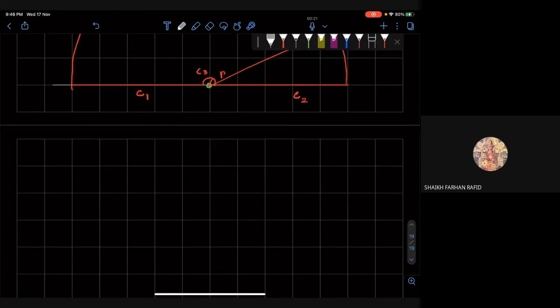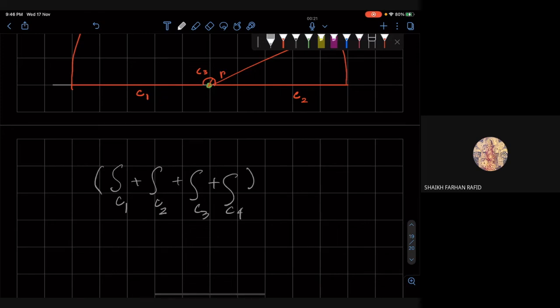We can express that fact by saying the contour integral over C1 plus the contour integral over C2 plus C3 plus C4 of h of z dz is 0. Okay? This is Cauchy's integral theorem. And now I take R goes to infinity.